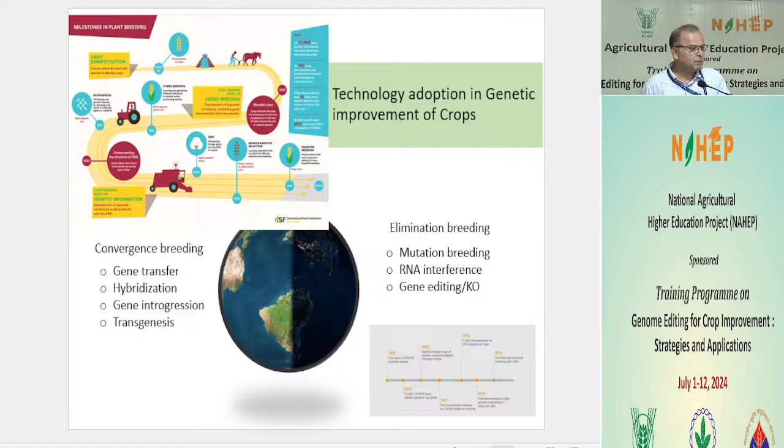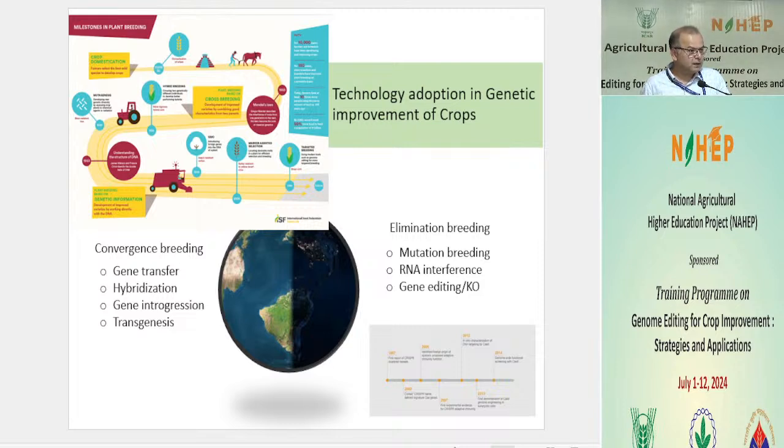Another part of precision breeding is that by transgenic technology you can incorporate a gene and modify a trait without altering any other trait or feature of that particular variety, in a very specific and precise manner. So that was the era of precision breeding.